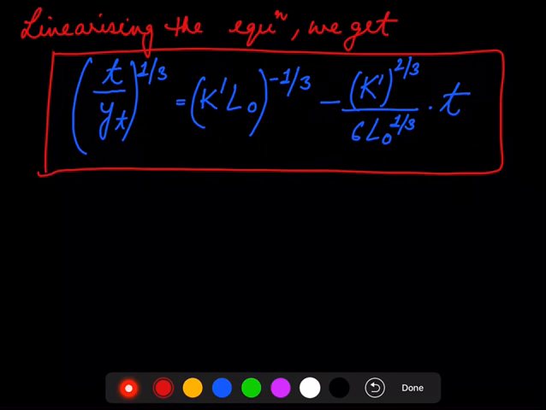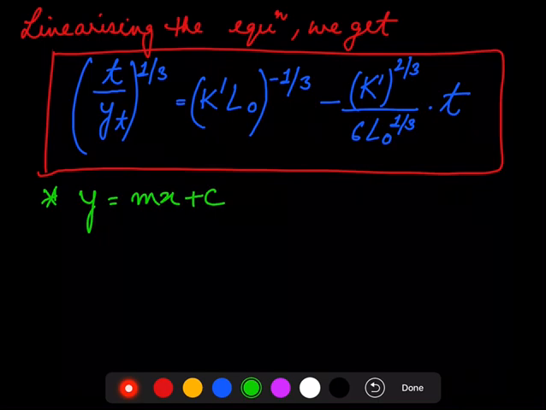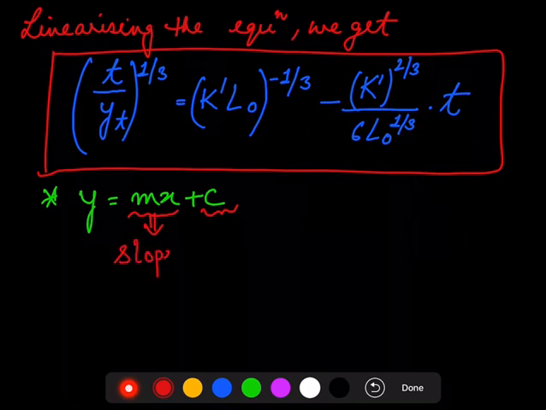This equation has the form of the equation of a straight line. The equation of a straight line is y equals mx plus c, where m is the slope and c is the intercept.